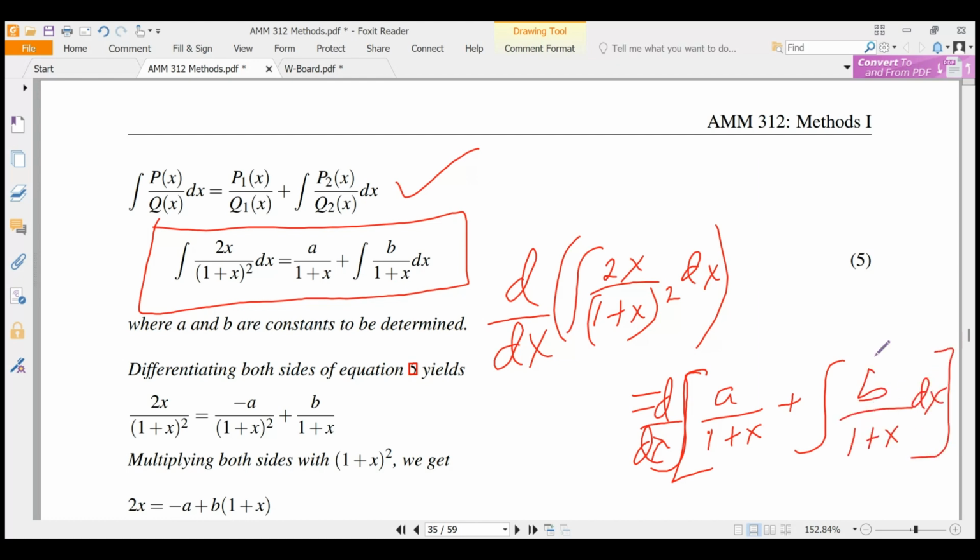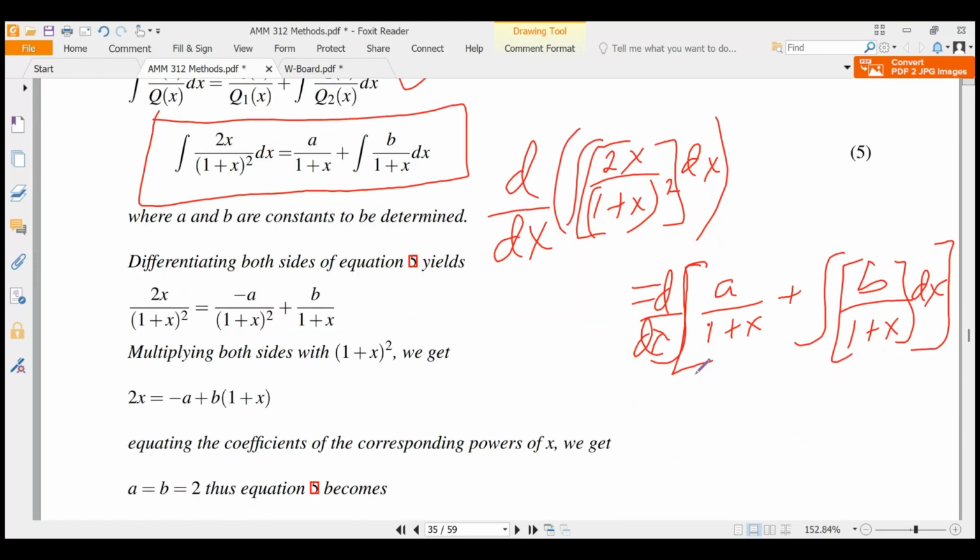Notice that differentiation normally reverses integration. So when we differentiate an integral, we get the integrand. The same with this one. But we need to differentiate this term.